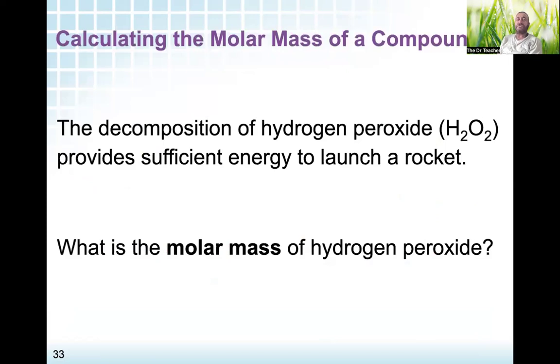So the decomposition of hydrogen peroxide, H2O2, provides sufficient energy to launch a rocket. What is the molar mass of hydrogen peroxide? So you depend on the atomic mass of each atom, which you have 2 hydrogens, 2 oxygens.